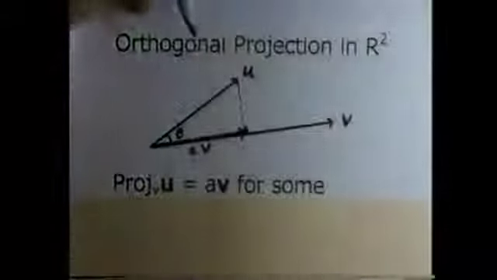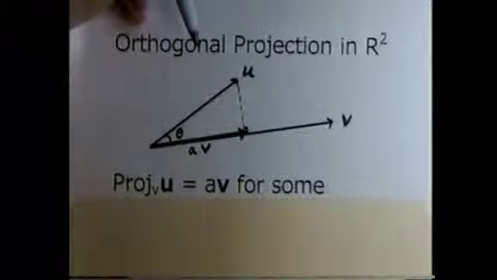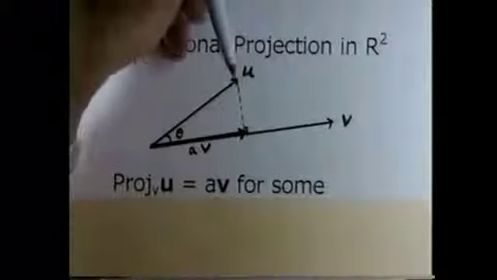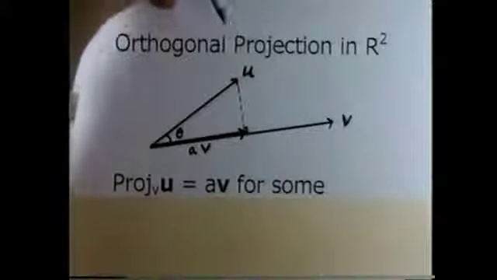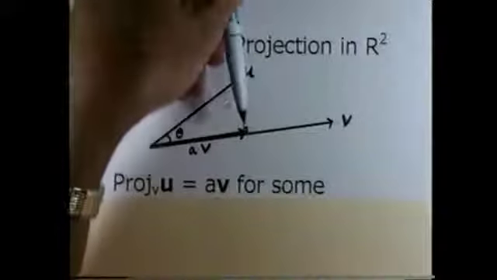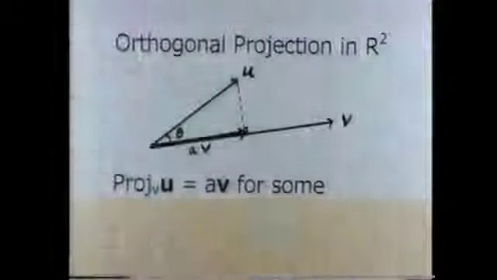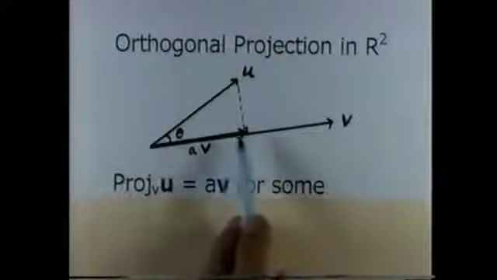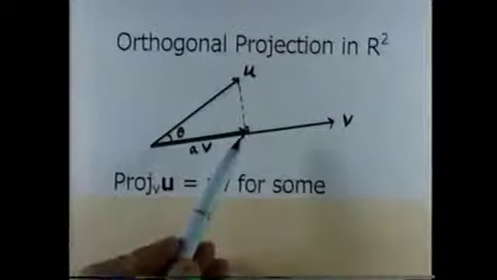So again, think about putting a light up here at the right angle. Where would the shadow be? The light would come down straight through, so the shadow would be over here. So that's your projection. So we're projecting U onto V.